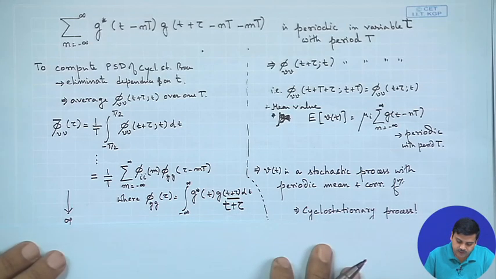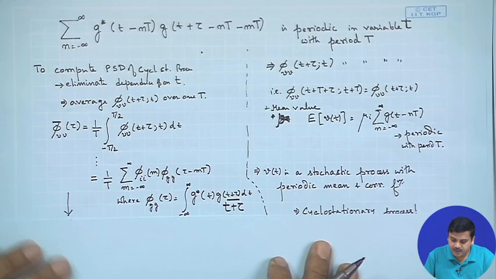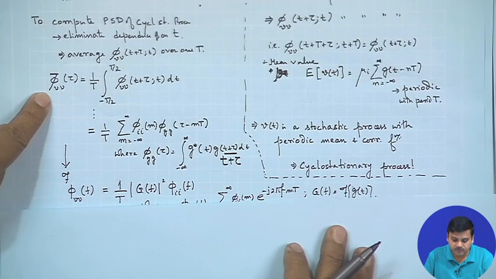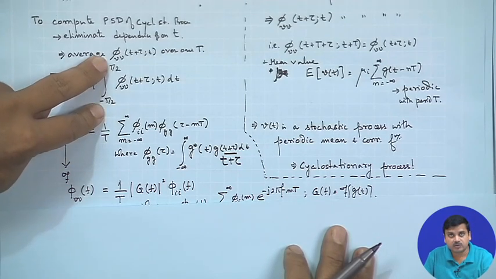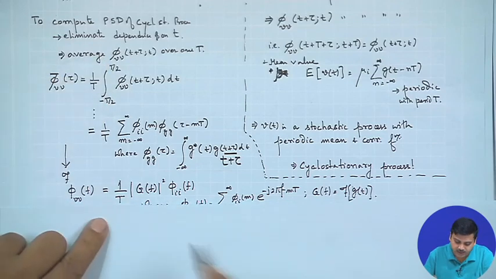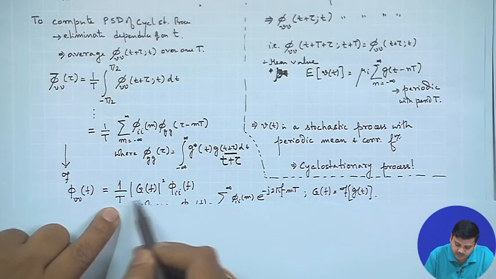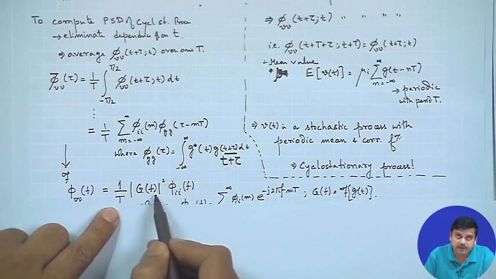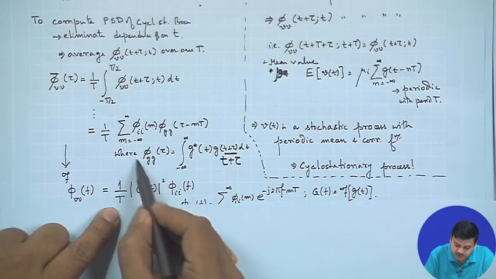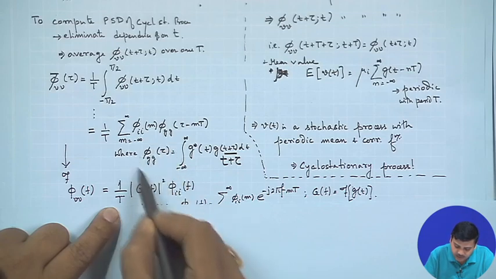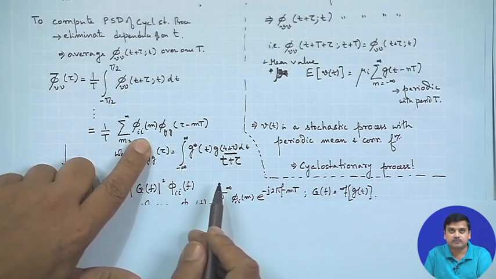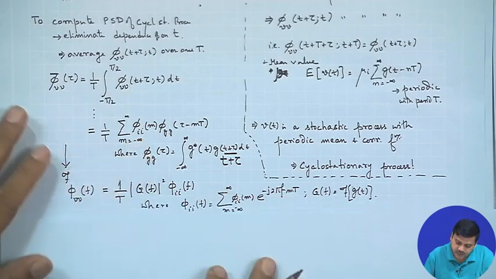And if we are interested in calculating the spectrum, what we have to do is take the Fourier transform of the average autocorrelation function averaged over one time interval T, and you are going to get 1 over T times the magnitude squared of G of f, where G of f is the Fourier transform of g of t, times phi I of f, which is the Fourier transform of phi I of m.